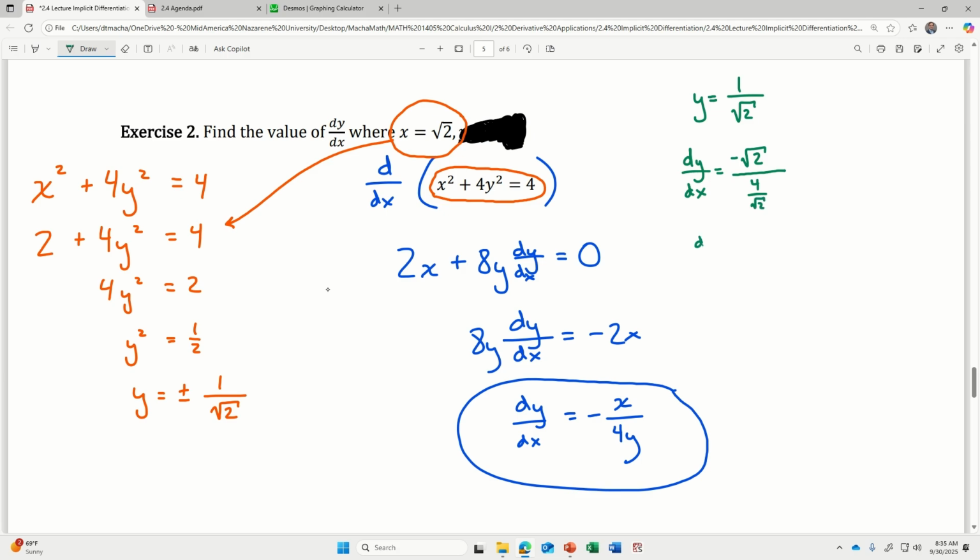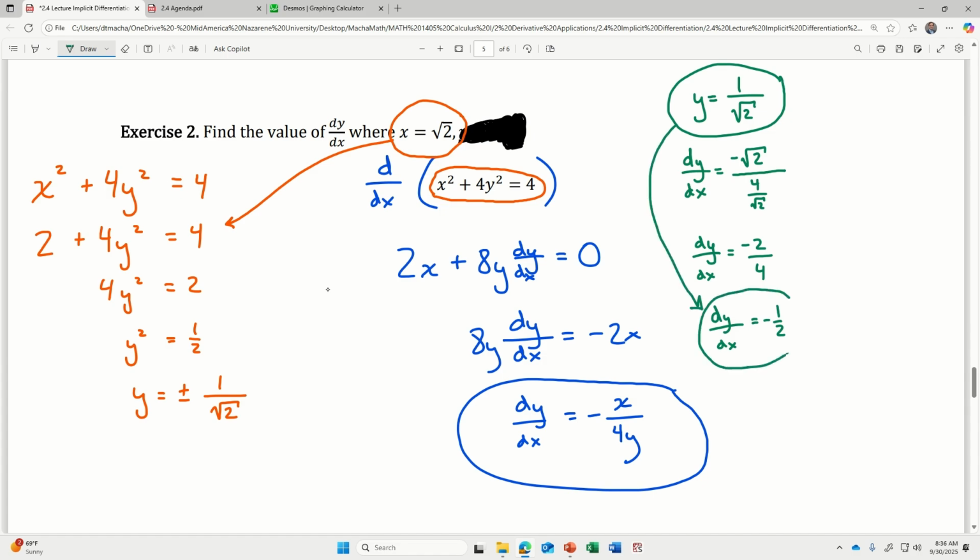I'm kind of simplifying as I go. And then dividing by a fraction is the same thing as multiplying by the reciprocal. And so when I have this, that's the same thing as negative 2 over 4, and that is negative 1/2. So where y is equal to the positive 1 over square root of 2, the derivative is going to be negative 1/2.